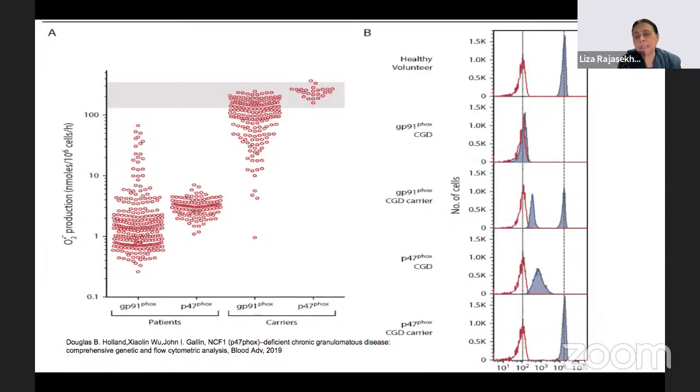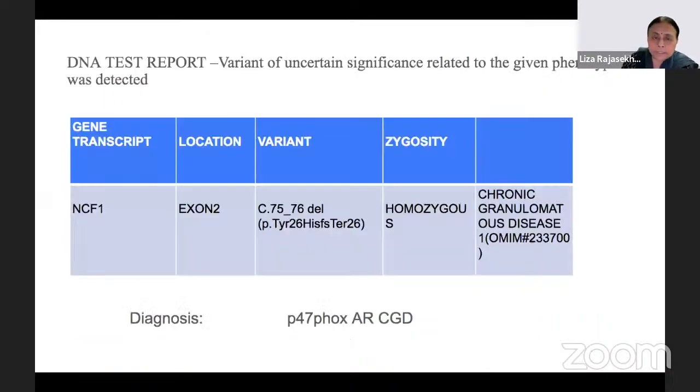And it is usually seen that if you get this kind of broad-based flow picture, then without a genetic test, you can say that this patient who has CGD is probably going to have a P47 phox mutation, and they have a better survival. There is an elegant study which shows that the survival of patients with CGD is directly proportional to the amount of residual enzyme activity that they have.